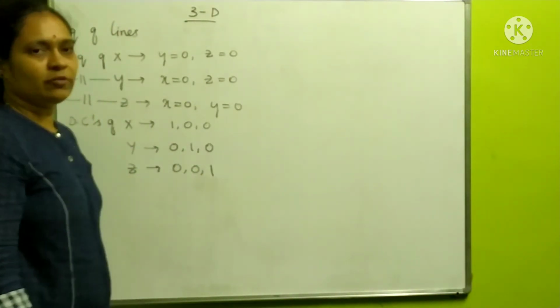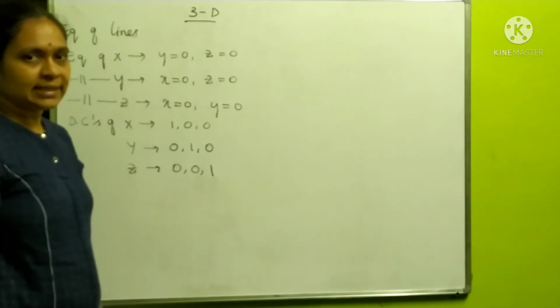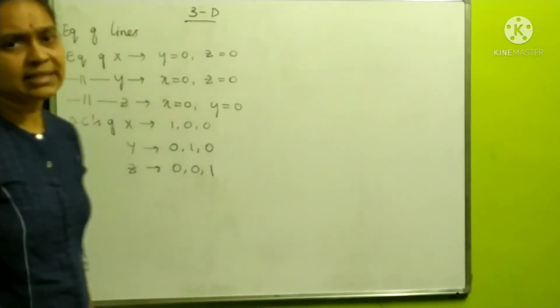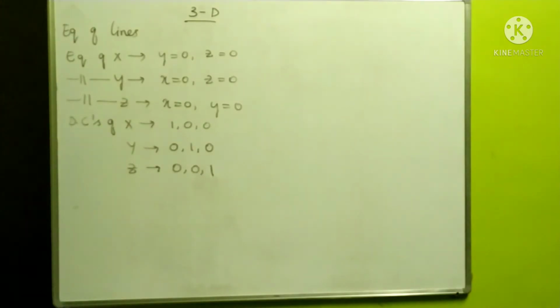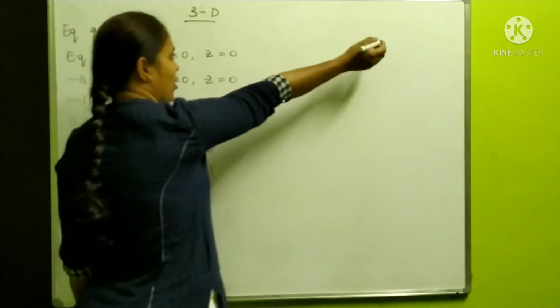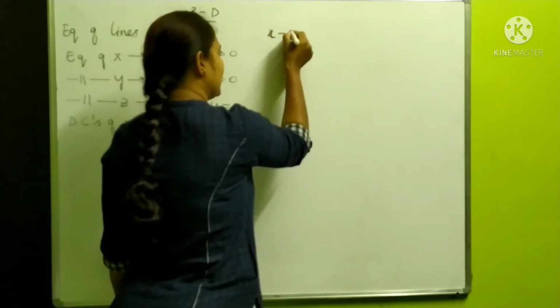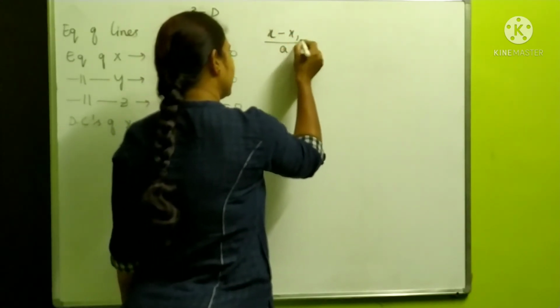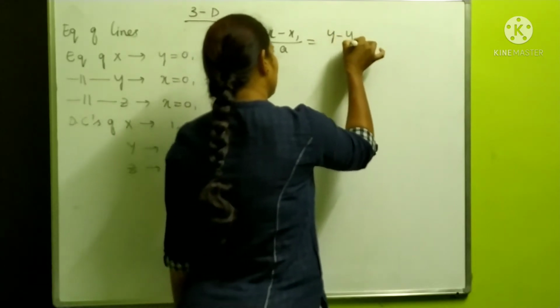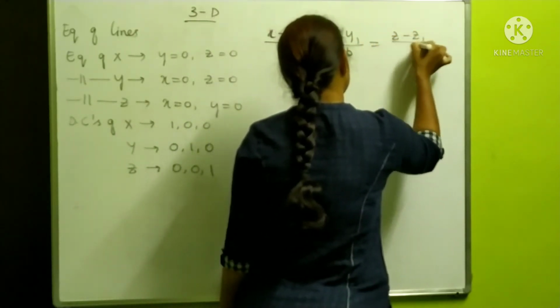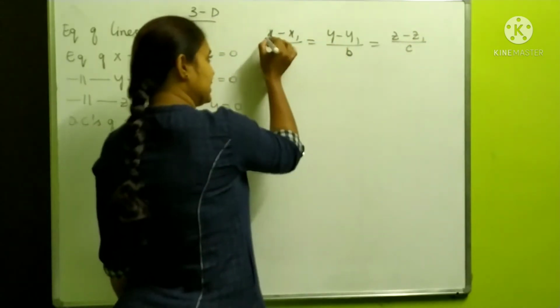So, equation of line passing through a point and parallel to a vector is given by x minus x1 by a is equal to y minus y1 by b is equal to z minus z1 by c.